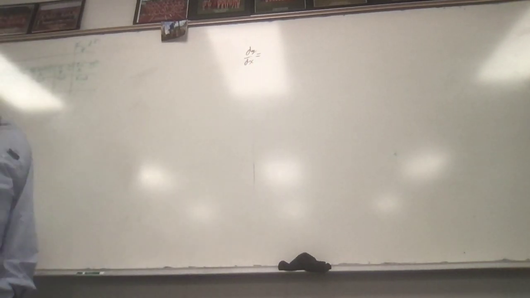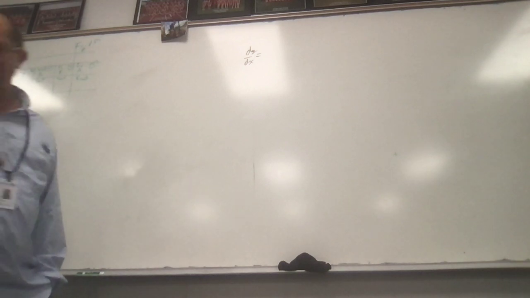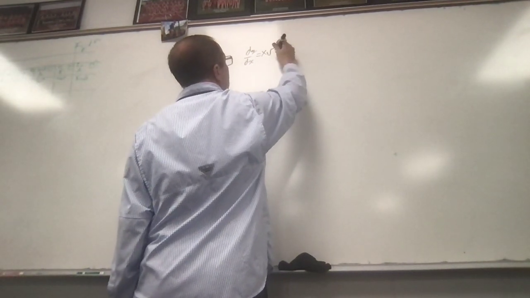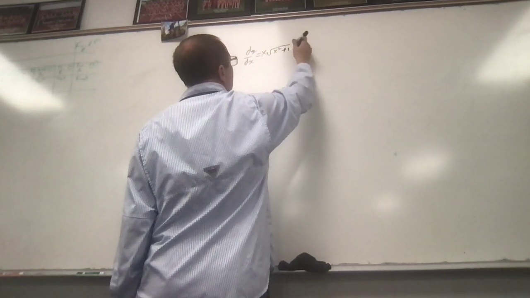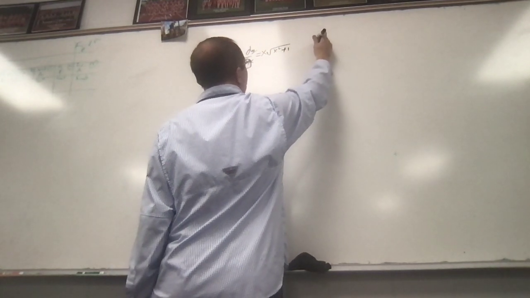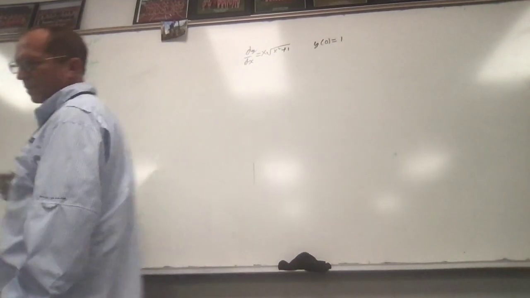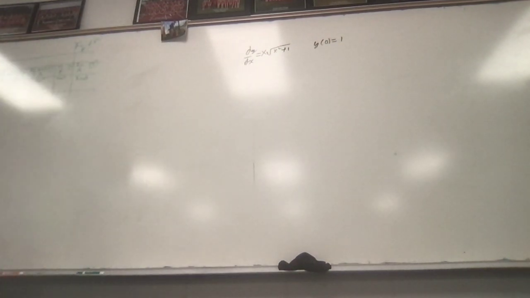Sometimes it'll be dy equals something dx. But we're going to have x times the square root of x squared plus 1. And we're going to say that y of 0 is 1. Are we good to keep going?